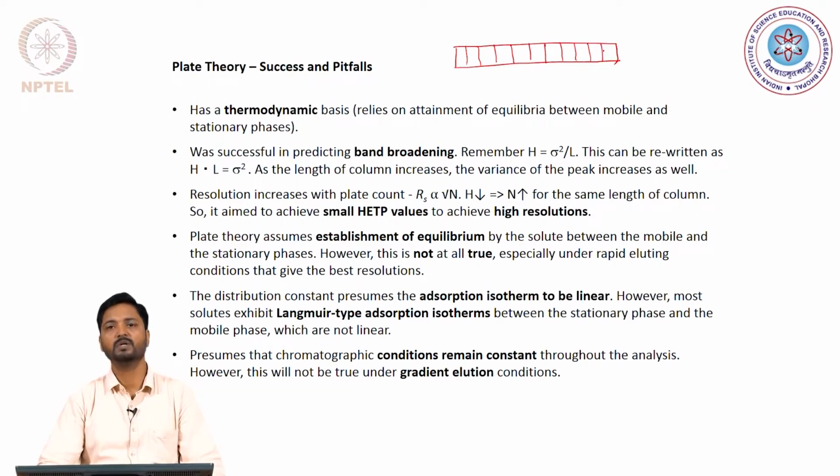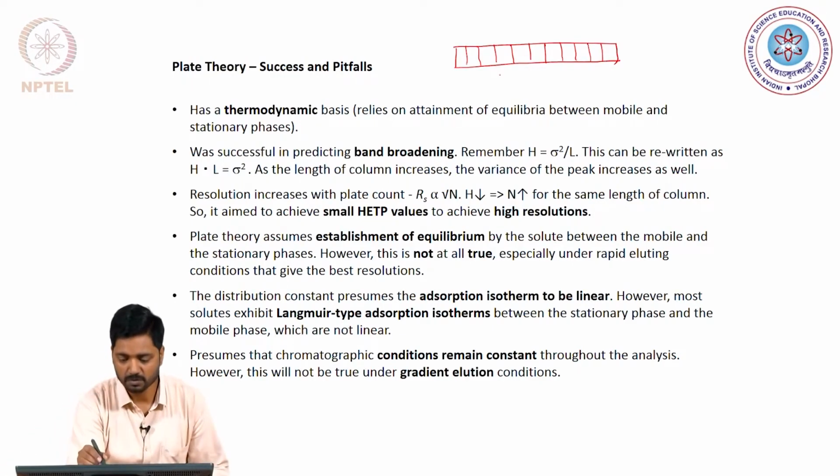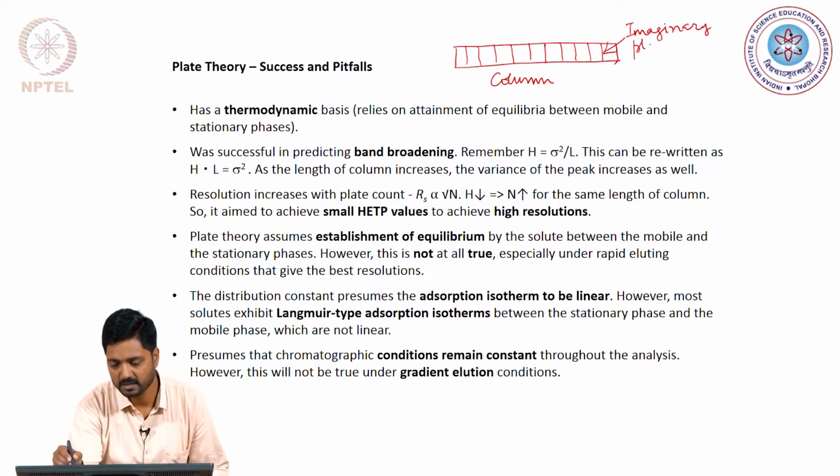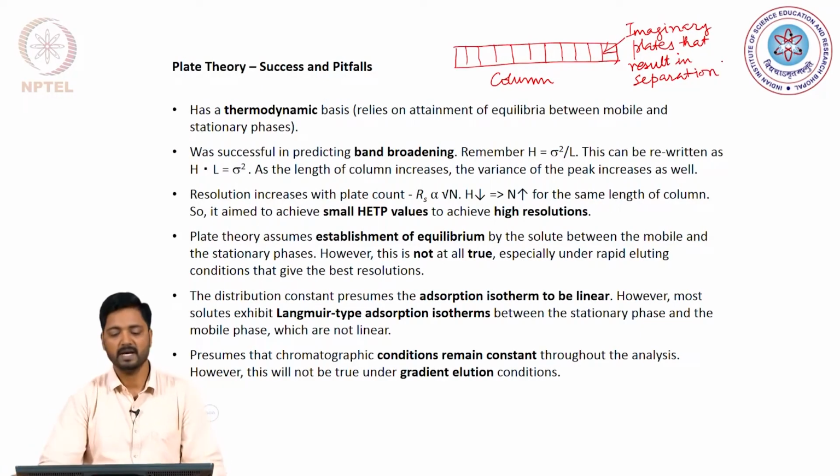Now, of course, to increase the extent of separation, we need to increase the number of plates. So, we have a column and we have these imaginary plates that result in separation of analytes, and we need to increase the number of plates to achieve more efficient separation.